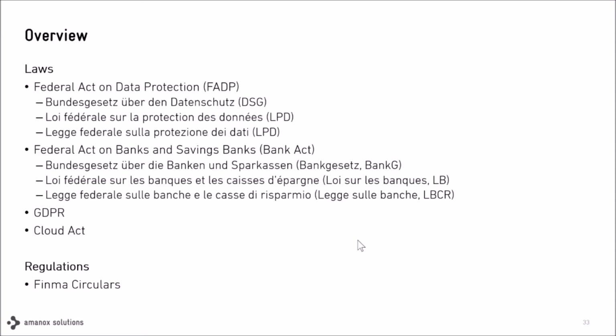Today, we'll have a look at the Federal Act on Data Protection Basic Requests, GDPR, Cloud Act, and FINMA Circular. For the Swiss laws, I also provided the names in the different official Swiss languages. So you might know them in French or in German or in Italian. So maybe they already mean something to you.